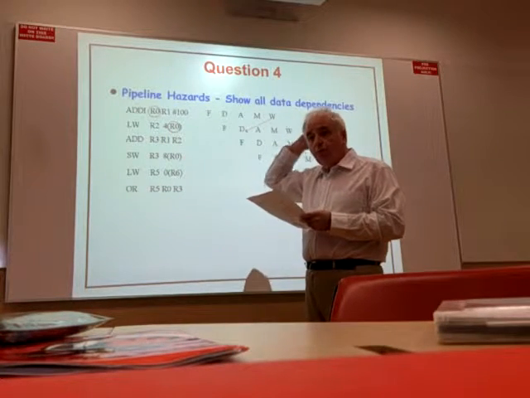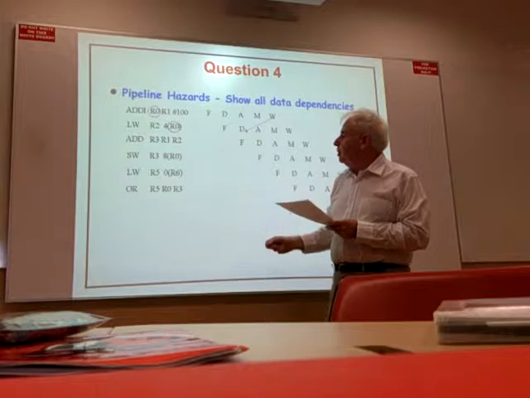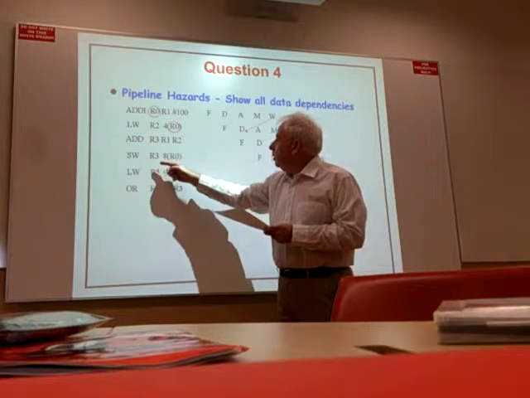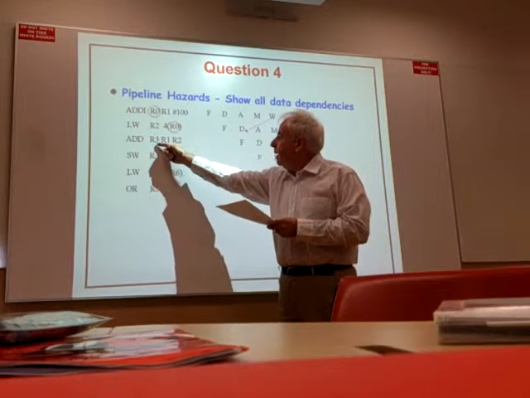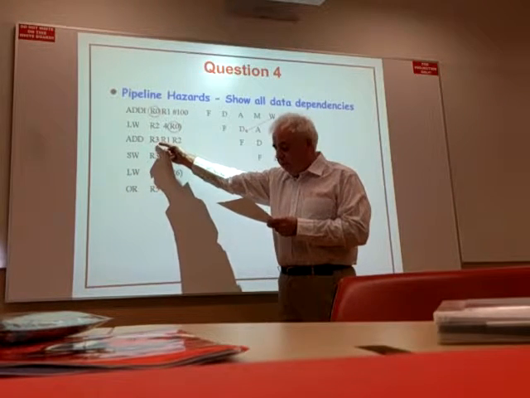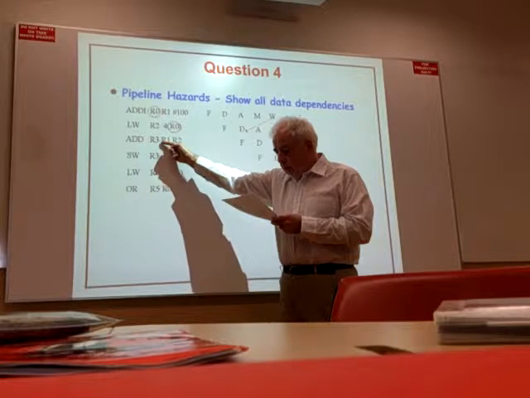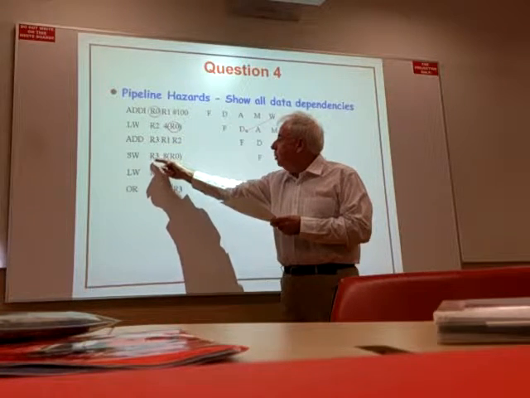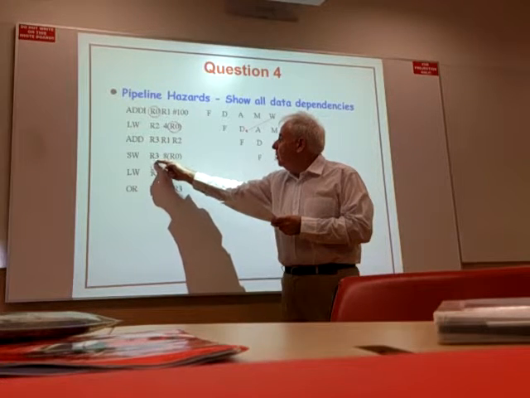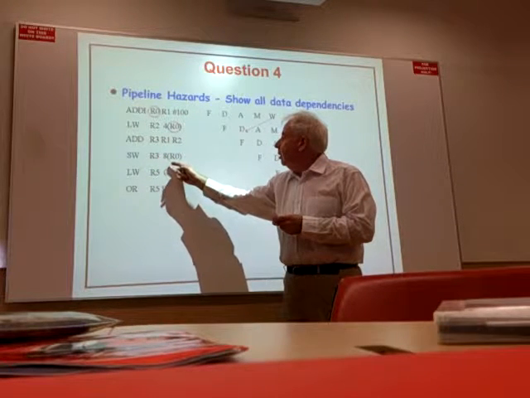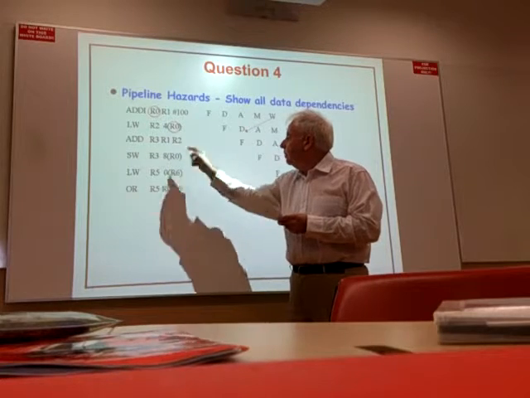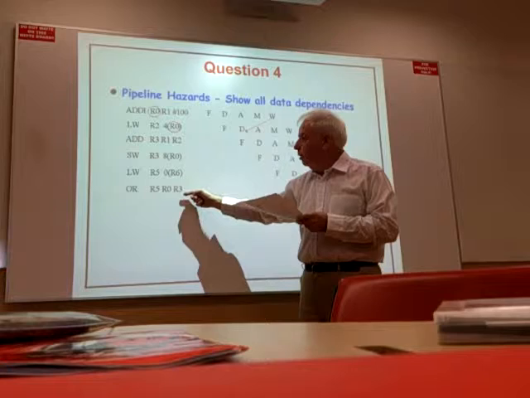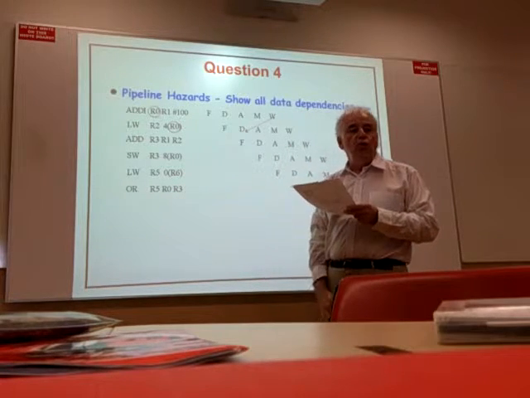Other ones? R3, between which instructions? Store and add. Okay, here this add calculates the value of R3, and we use it to store that value into this address, and we also use R3 down here for the OR instruction.